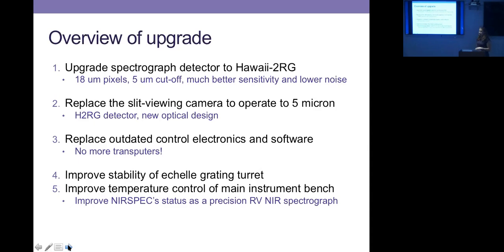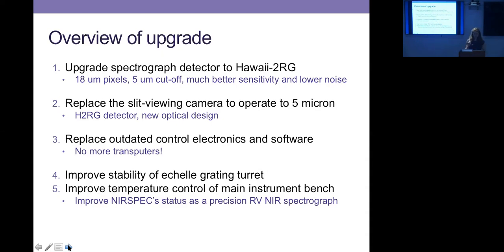This has been a big call especially from people who observe comets and people who do debris disks and other kinds of embedded objects. They really want this ability to operate out to 5 microns. And so the new NIRSPEC upgrade is going to have that.